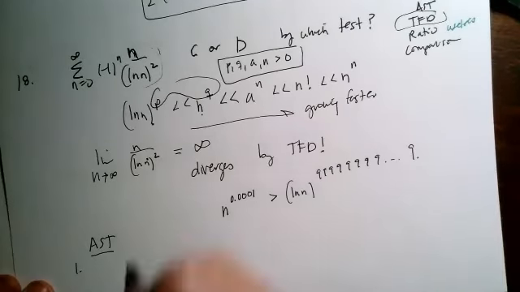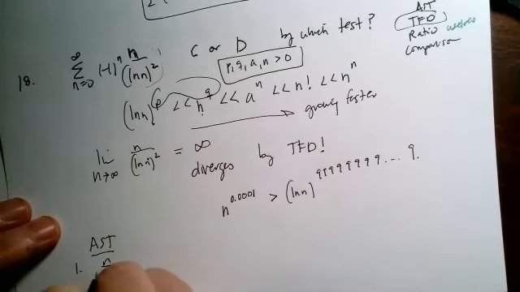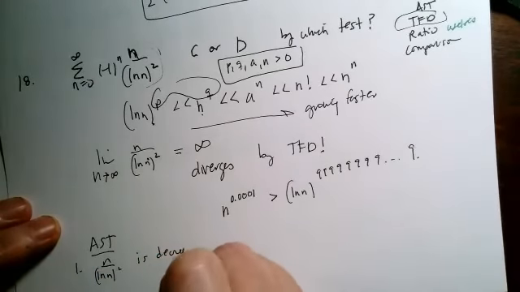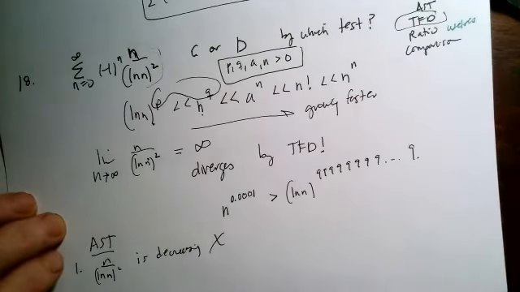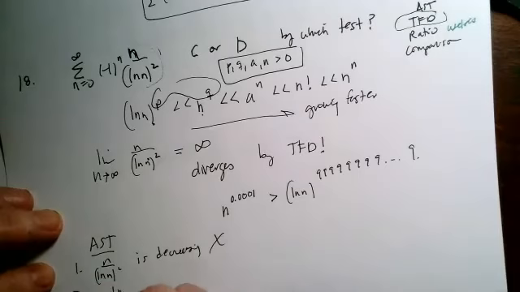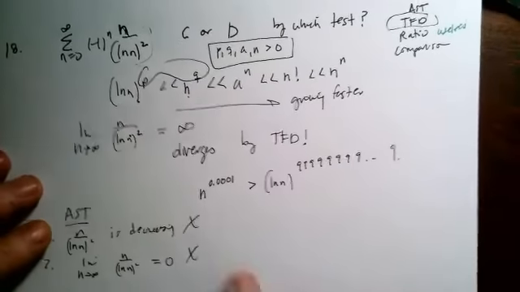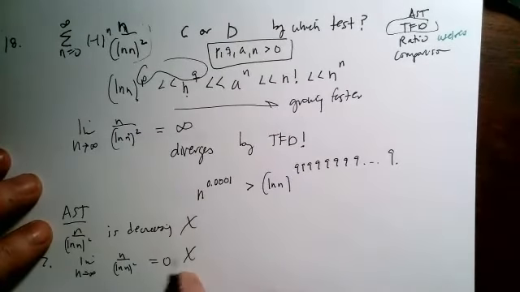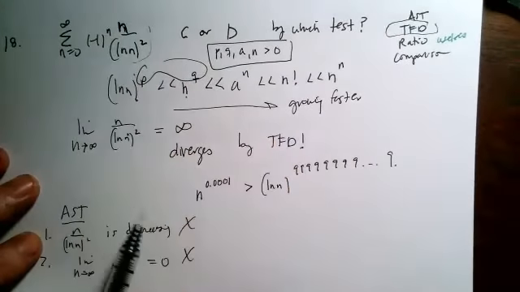That this is decreasing, which is a lie. And we also have that the limit as n goes to infinity of n over log squared equals 0. That's also a lie. We didn't satisfy either one of these conditions, because the numerator is going faster than the denominator.